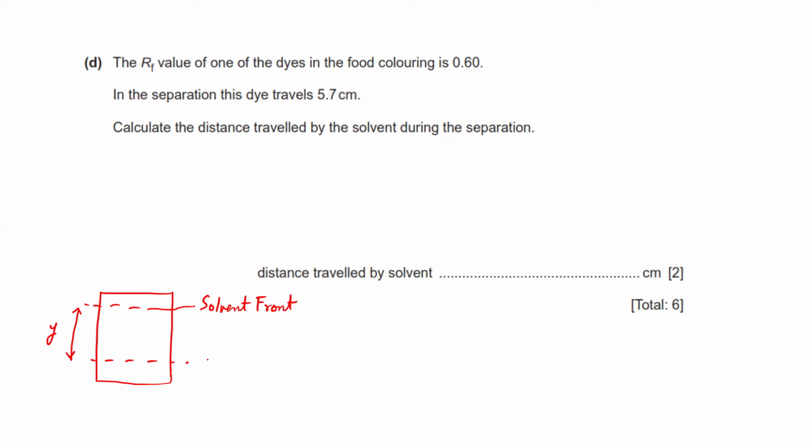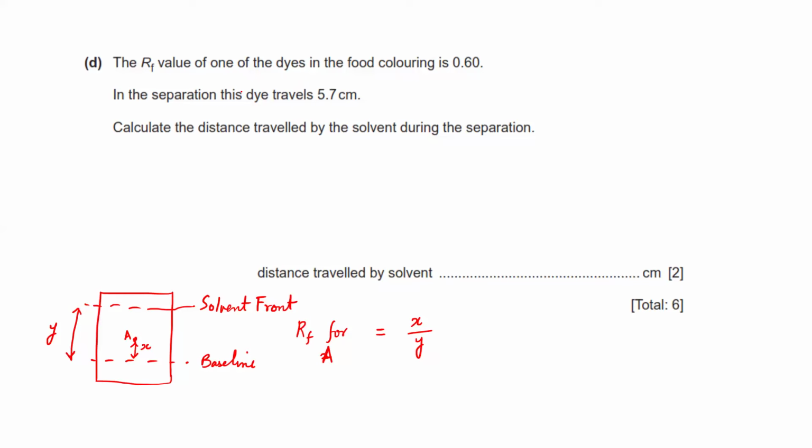Say this is your dye, let's call it constituent A, and the distance it travels is X. The distance traveled by the solvent is Y. So the RF value for A will be X divided by Y. This is how it is calculated.